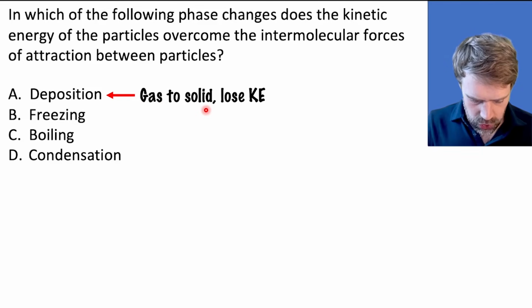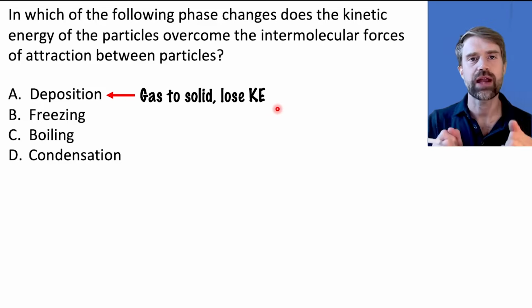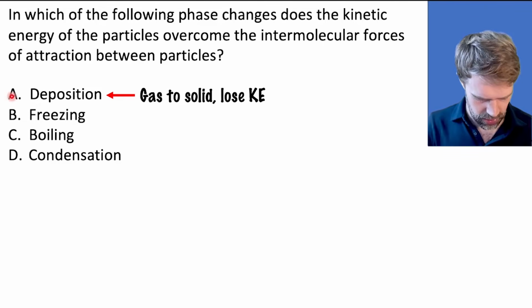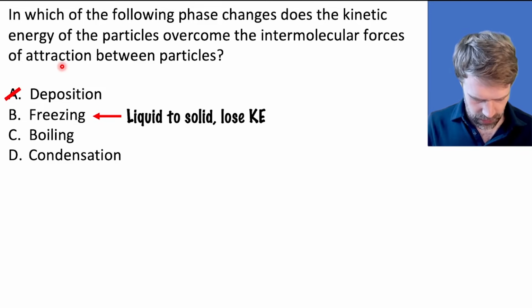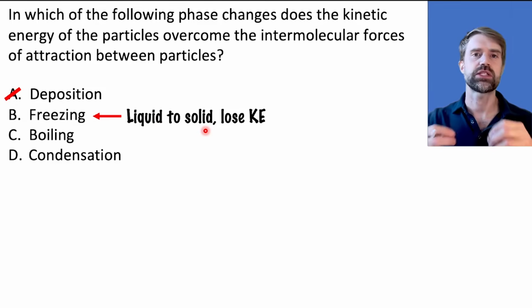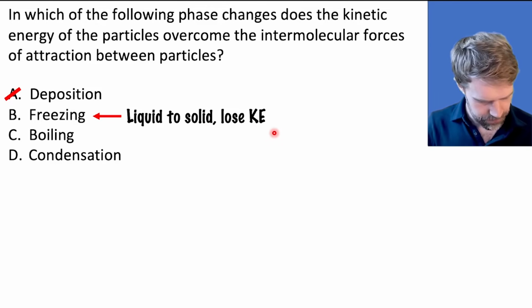So they would lose kinetic energy. They'd get slower so that the attractive forces can stick the particles together. So this is wrong. We're going to cross it off. Choice B is freezing, where a liquid turns into a solid. This is similar to deposition. The particles would have to stick together more, so you'd have to lose kinetic energy. We'll cross this off.